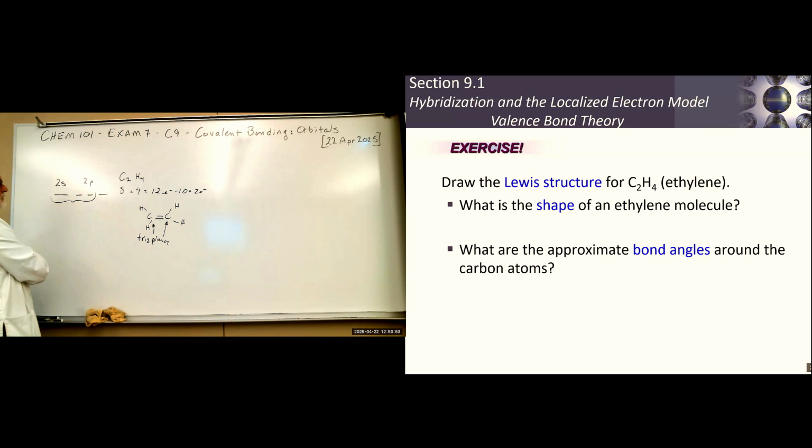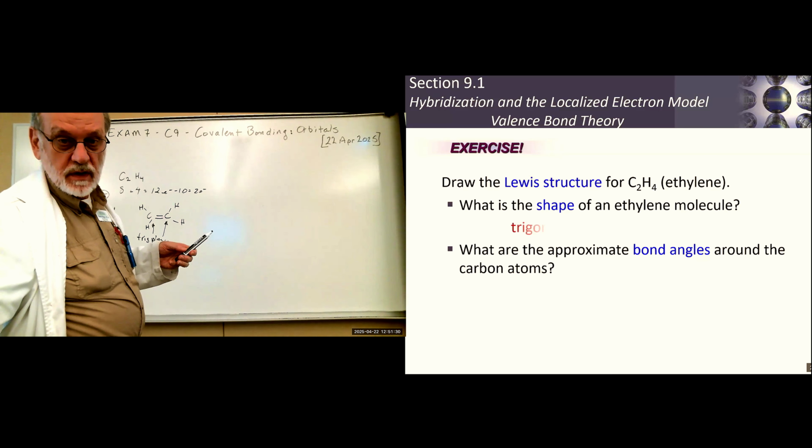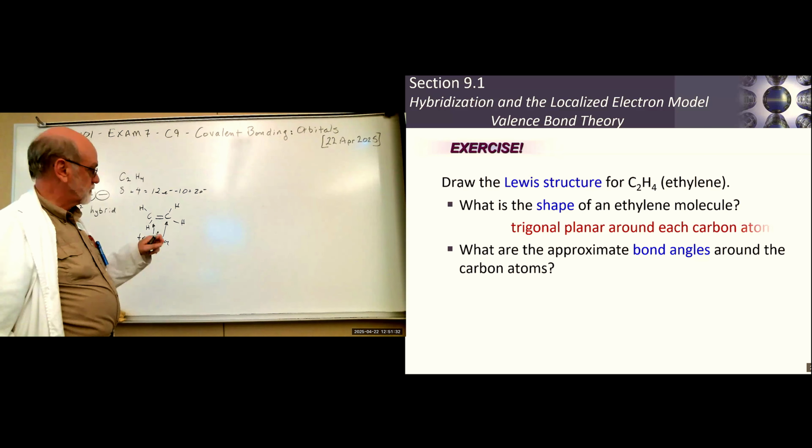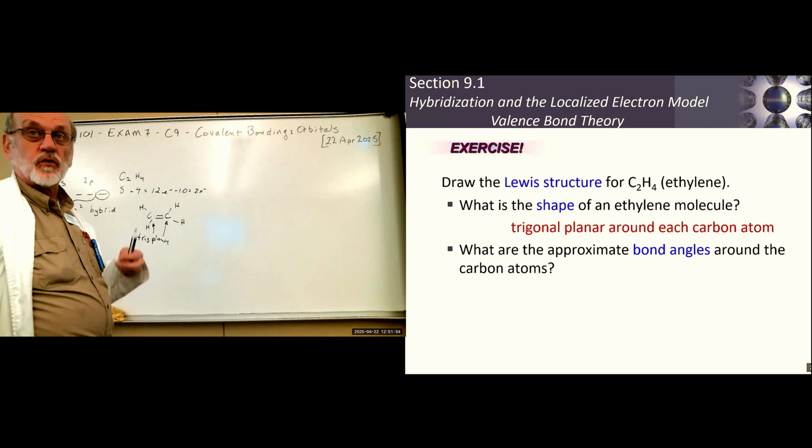We get 3 of these, 3 sp2 hybrid orbitals. And there's 1 left over. We have that p orbital left over. The shape of the molecule is trigonal planar for each carbon, and the bond angle will be 120 degrees, right, because it's trigonal planar.